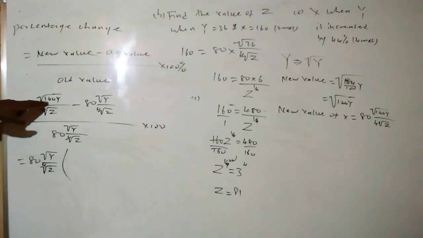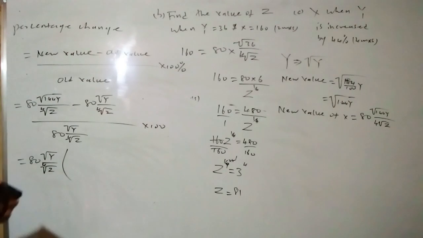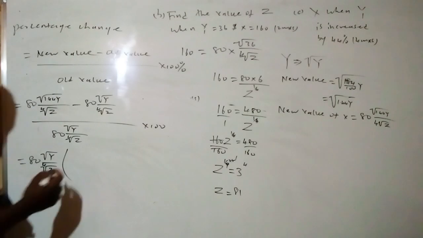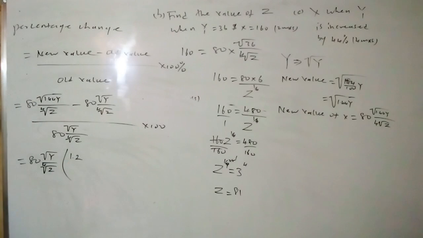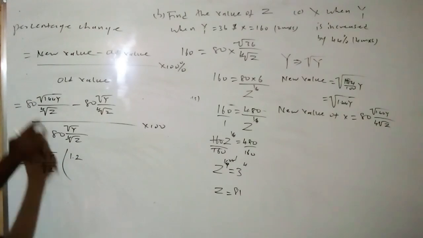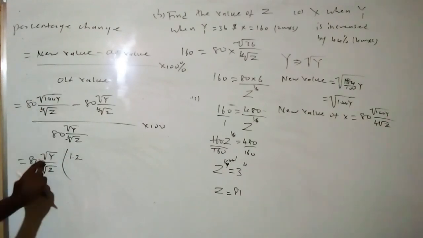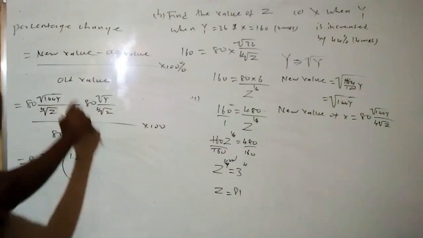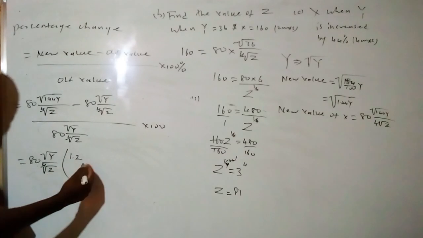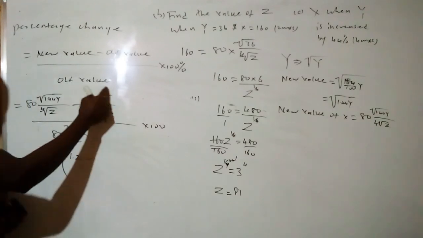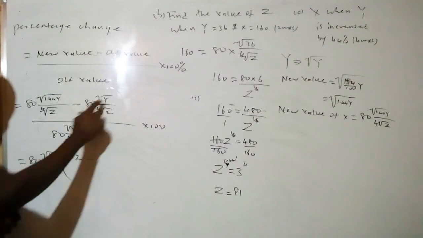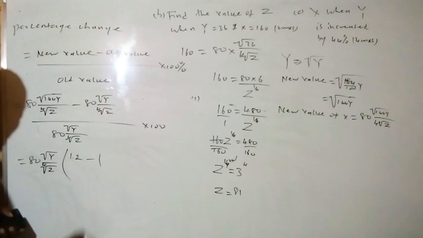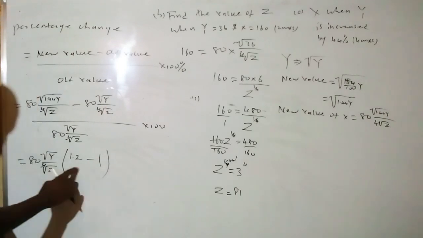Yes, 1.2. The square root of 1.44 is 1.2, which is not common here. That's why we have taken it out first. Minus the whole of this, we have removed it outside the bracket, so what you will be left with is 1, so that once you open the bracket, it will turn the way it was.